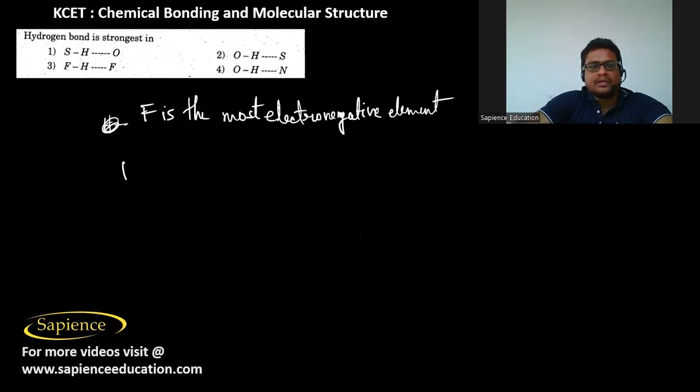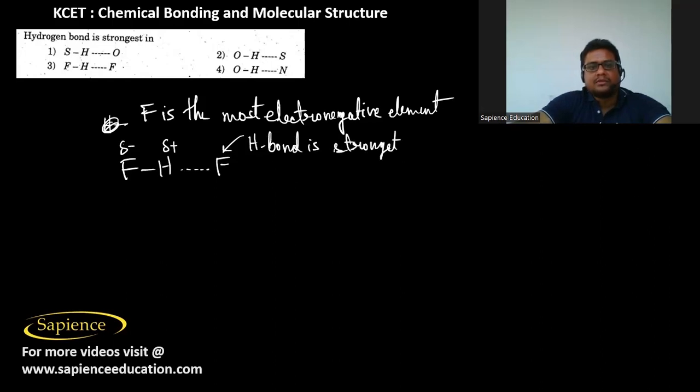So here the partial negative charge on the fluorine atom and the partial positive charge on the hydrogen atom which are formed, that is the highest. So here the hydrogen bond is strongest. So option 3 is the correct answer.